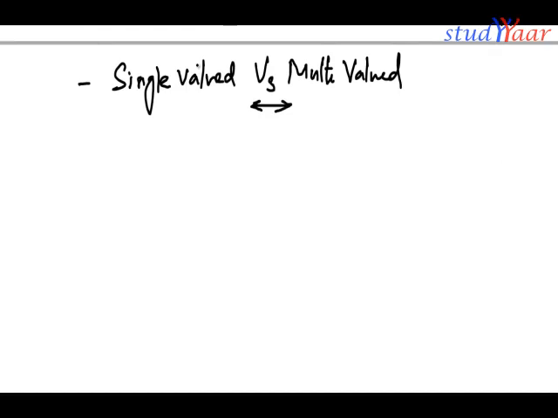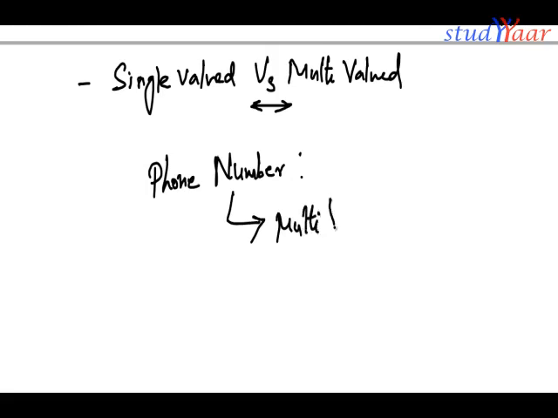So let's suppose our attribute is phone number. A person can have any number of phone numbers, right? It can have 2 mobile numbers, it can have 0 mobile numbers, it can have a mobile number and a landline number. There are so many different possibilities. So in that case we say that phone number is multi-valued. It has many values.